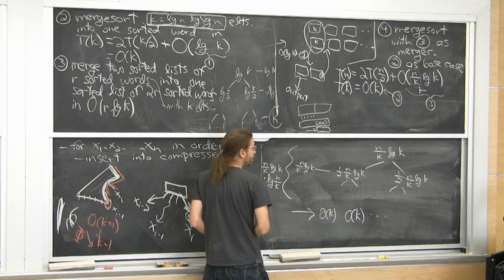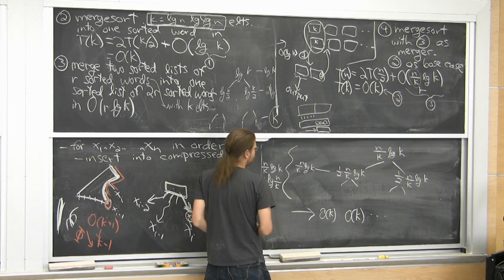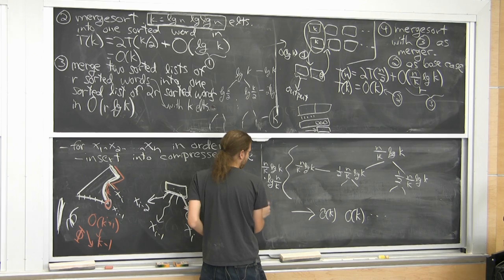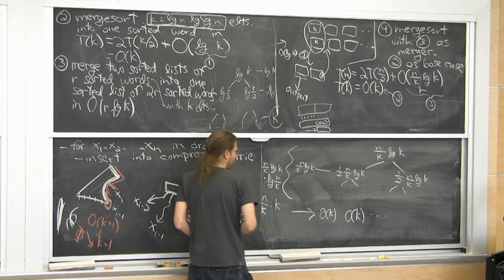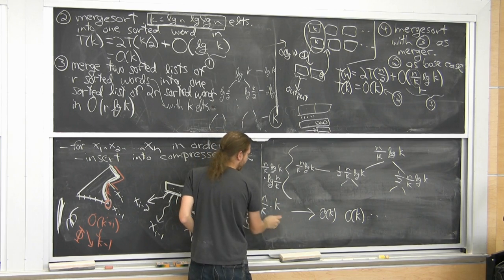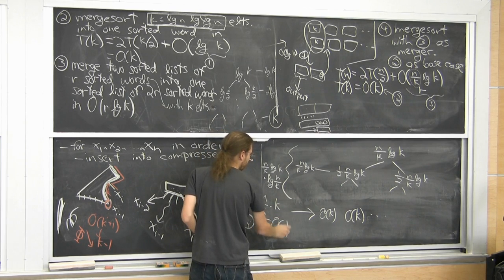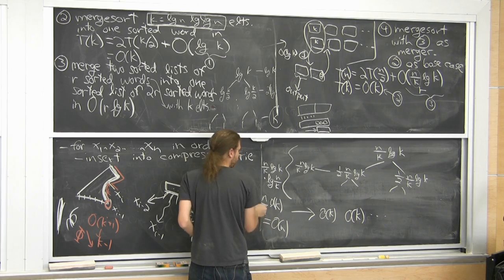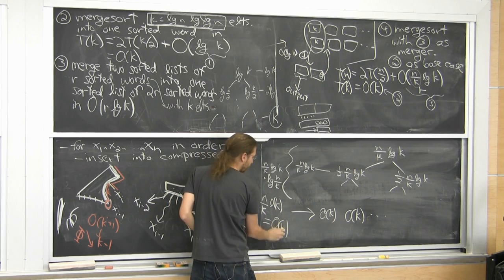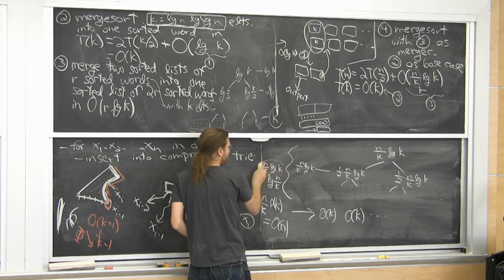And then how many leaves are there? There's n over k leaves. OK, so that's an order n cost. This is order k. There's n over k, order n. What's this thing?